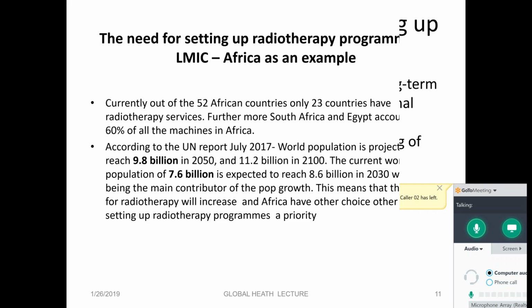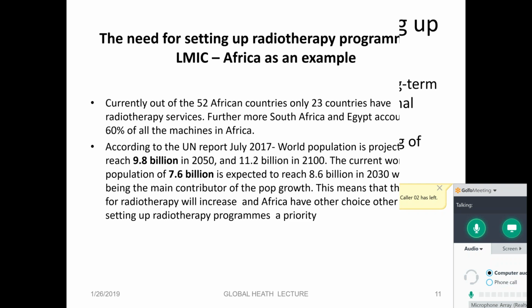We have 3 medical physicists, 35 radiotherapy technicians, 3 oncology nurses, and other supporting staff that are non-oncology, but they are trained as nurses, X-ray technicians, administrators, and medical attendants. At Ocean Road we have about 200 non-oncology trained staff.